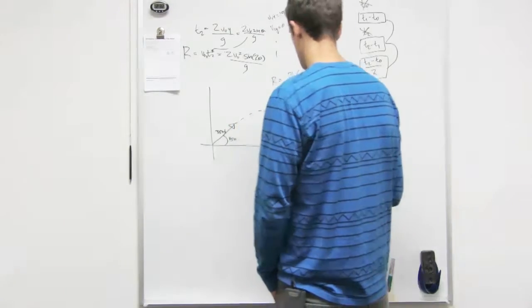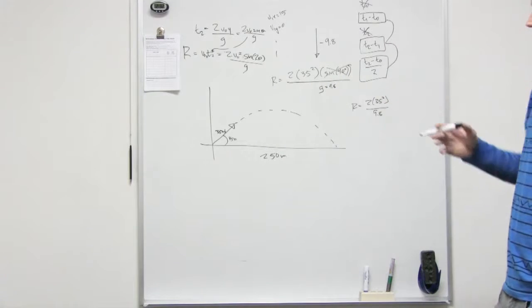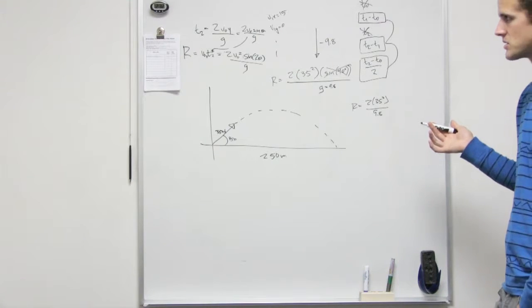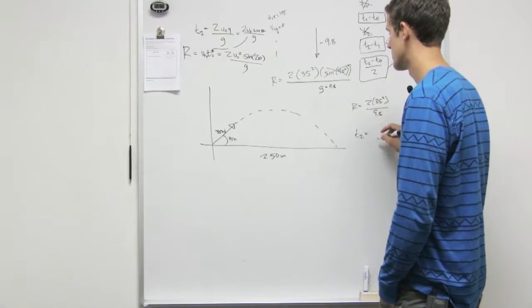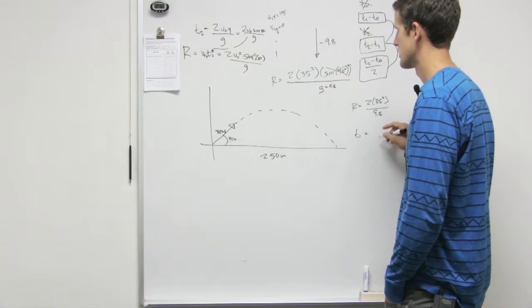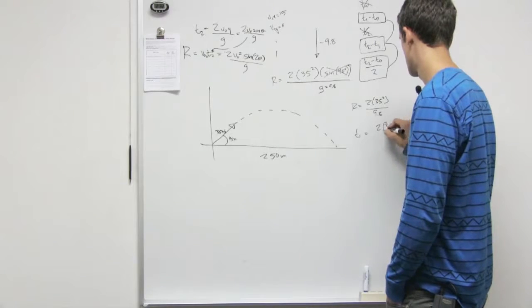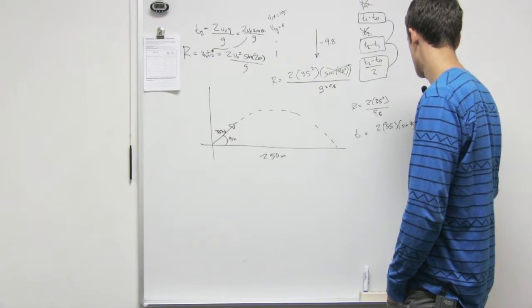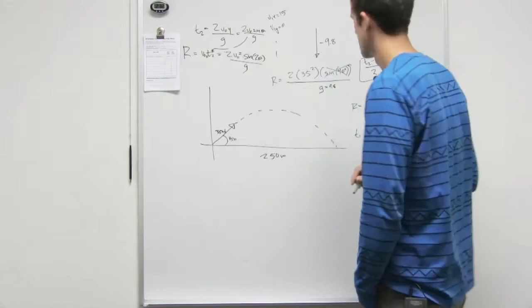That's actually kind of cool. Yeah, it works just like that. It's pretty simple, pretty easy. How long did it stay in the air? Well, you can just say my time is going to be equal to 2 V naught, so 35, times the sine of 45, all over 9.8. That's this equation.